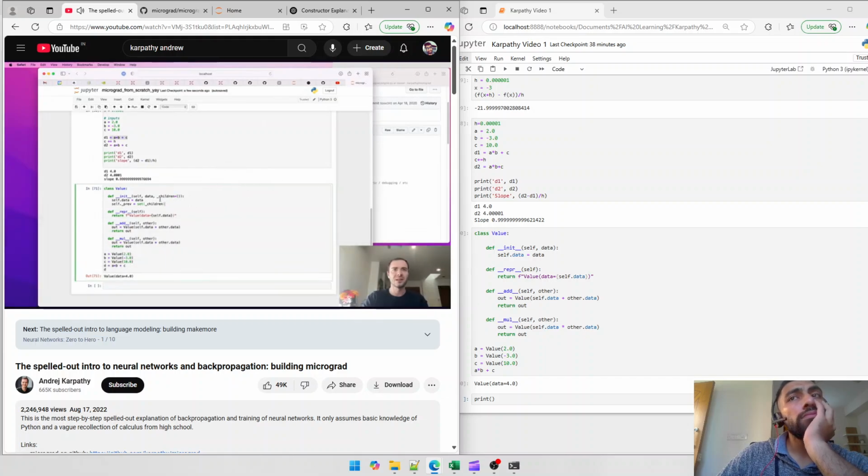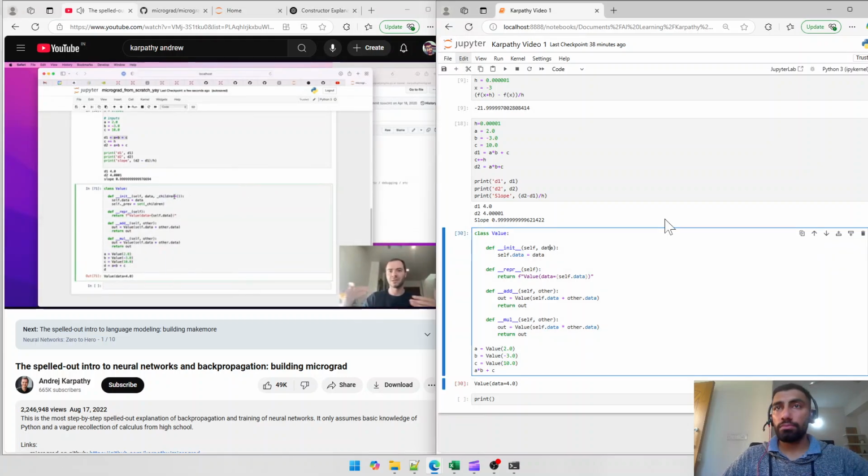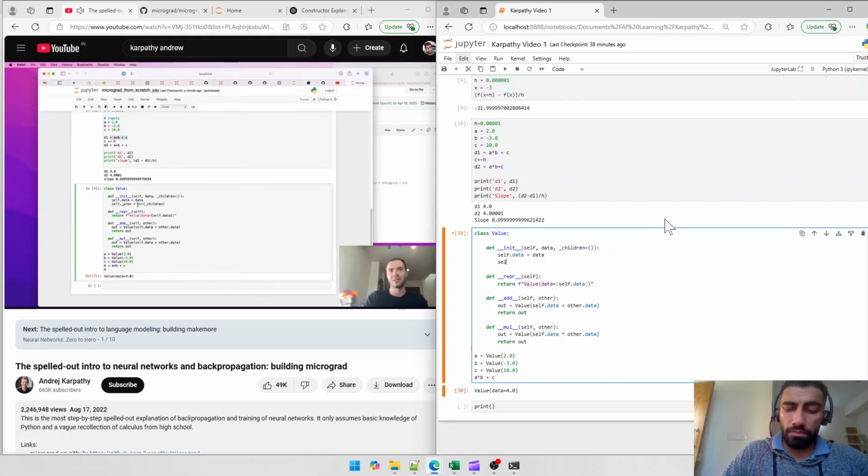I believe it was efficiency, but this underscore children will be a tuple for convenience, but then when we actually maintain it in the class, it will be just this set, I believe for efficiency. So now, when we are creating a value like this with a constructor, children will be empty and prev will be the empty set.